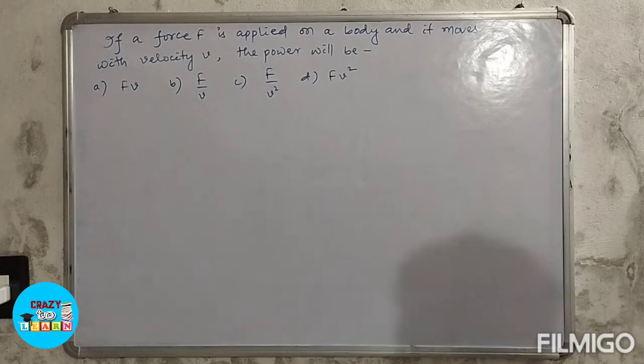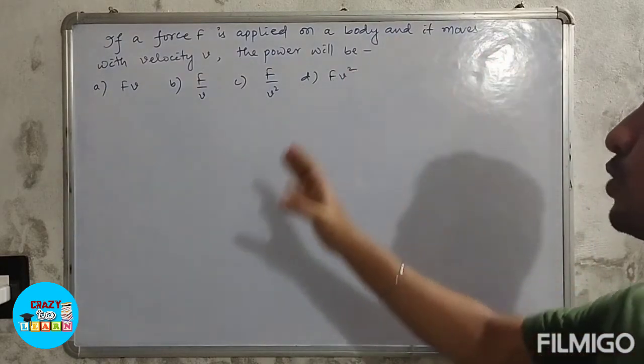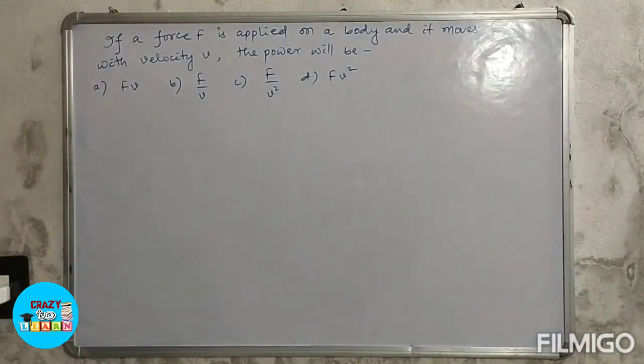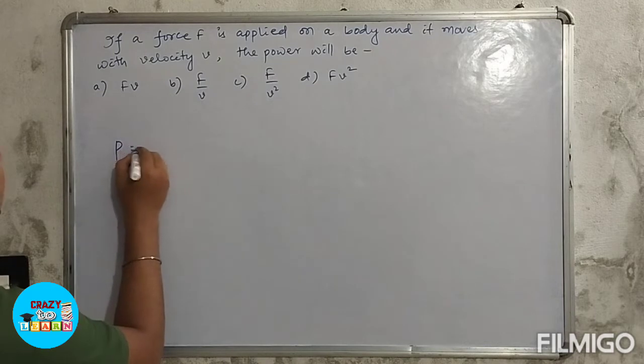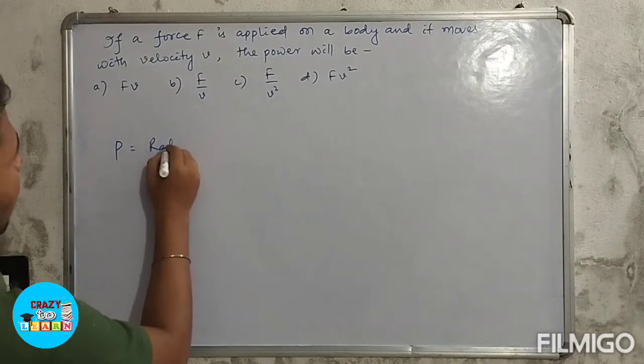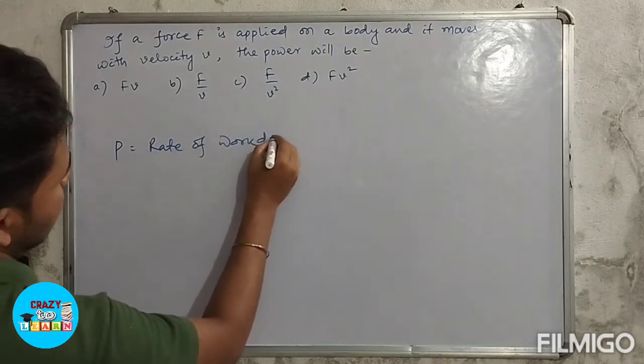Our next question is, if a force capital F is applied on a body and it moves with velocity v, the power will be. So we know the power P is equal to rate of work done.